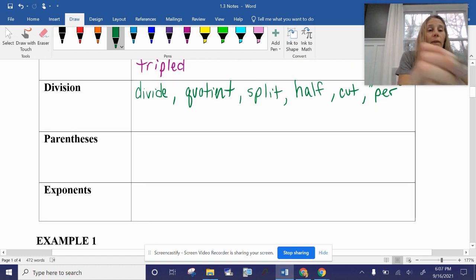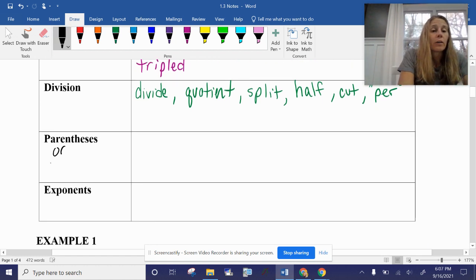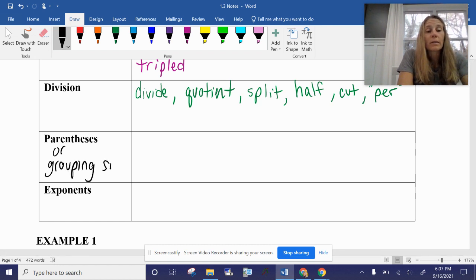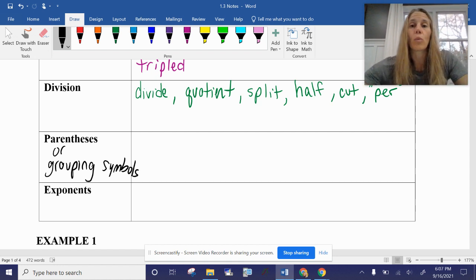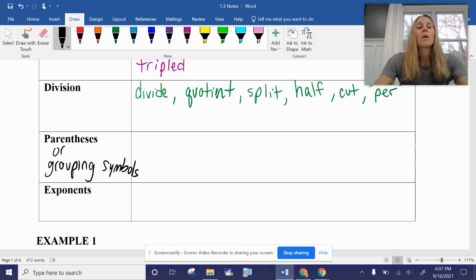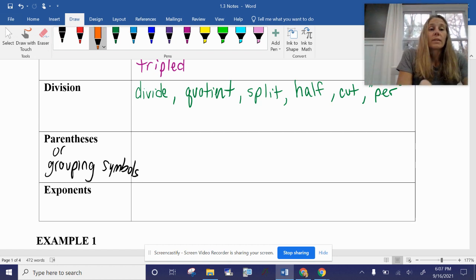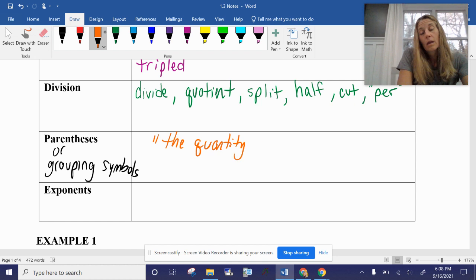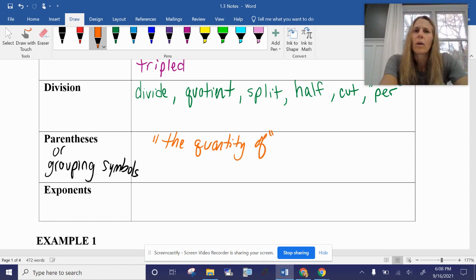Okay, then we talk about parentheses or any grouping symbols. As we did in a previous lesson, we also had some brackets there and things like that. So it doesn't really matter what type of grouping symbol we're using. I'm just calling them all parentheses for now. The main thing that we'll see is if you see the words the quantity of something along those lines, that typically indicates that we need to put whatever that is in parentheses.